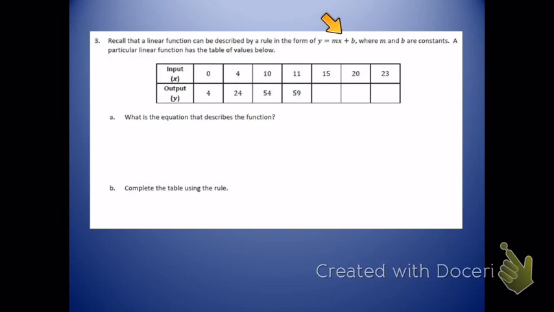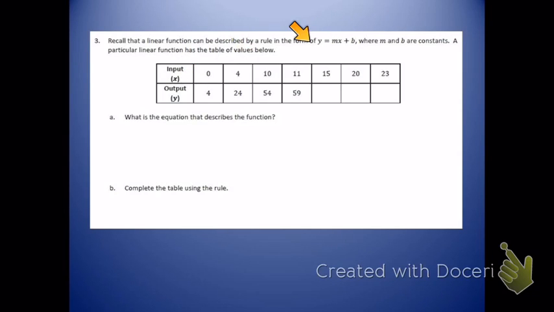So I just need to know m and b, and I can write this equation. So we know that b is the y-intercept. So if I look over here at my table, the y-intercept is the point on a graph where x is 0. So I've been given the y-intercept. So I know that this equation is going to have a plus 4 because the y-intercept is 4.